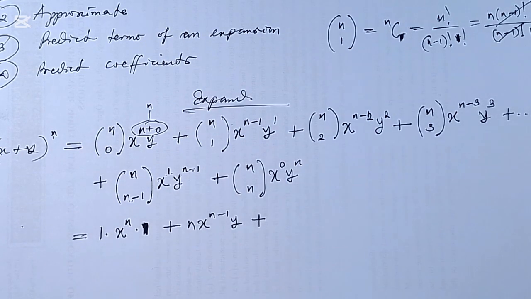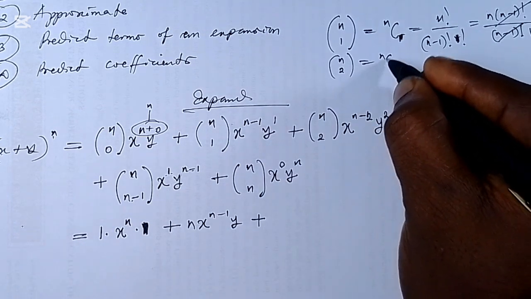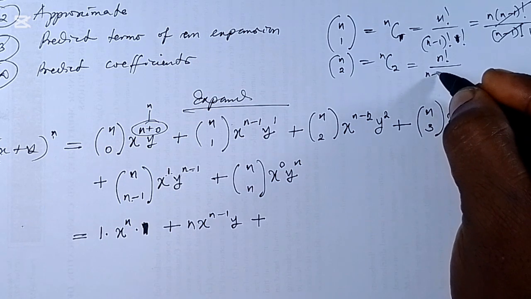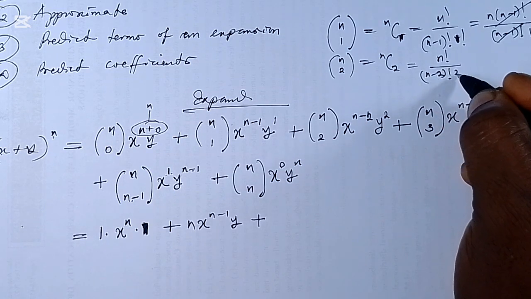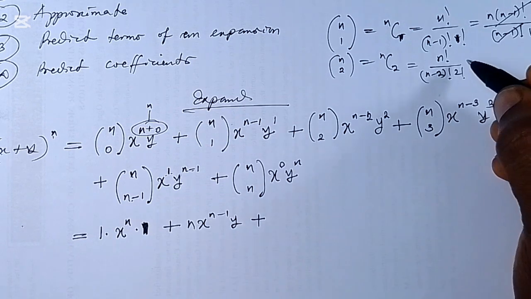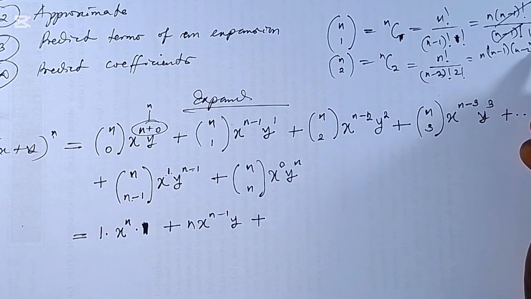Plus, if you go to n combination 2, which is n factorial all over n minus 2 factorial and 2 factorial, please take note, 2 factorial is 2 times 1 times 0 factorial, which is 1. So that will be 2 times 1 times 1, which is 2. So this will be n factorial giving you n times n minus 1 times n minus 2 factorial.